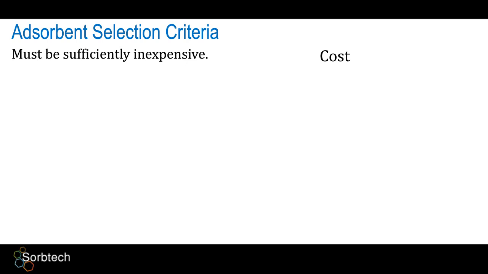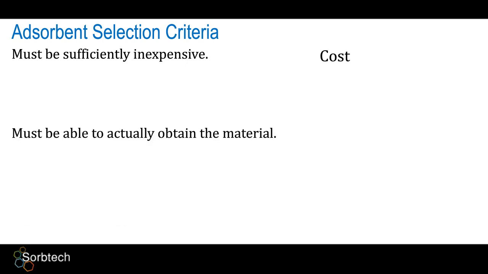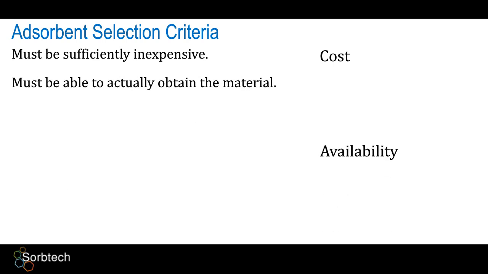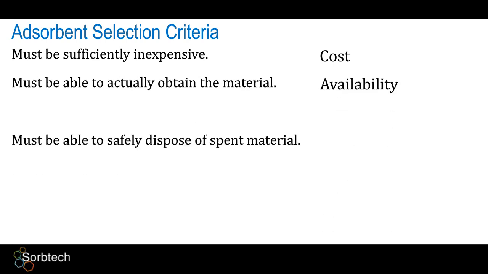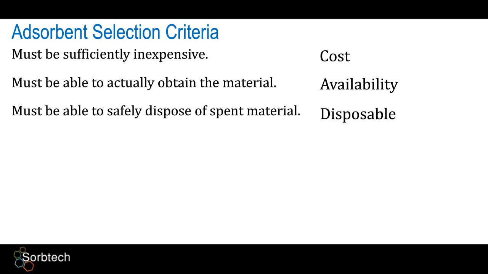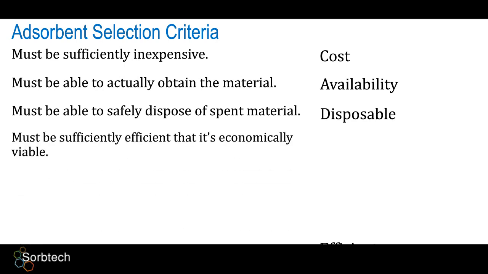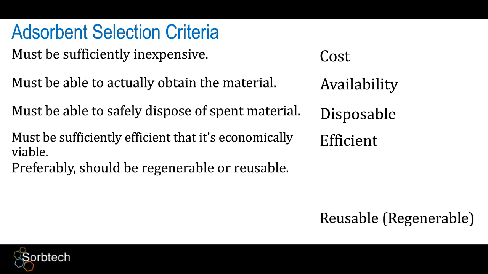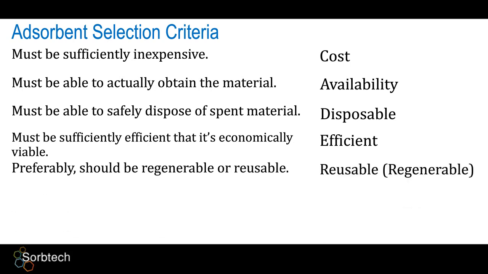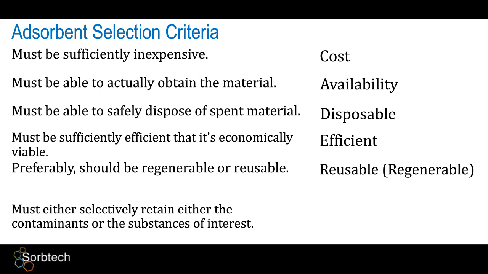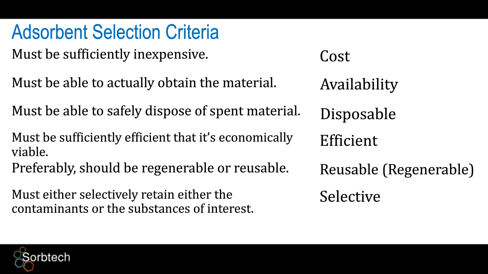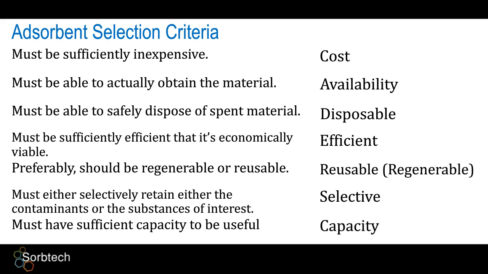First, it must be sufficiently inexpensive. It must be possible to actually obtain the material. We must be able to safely dispose of spent material. It's got to be sufficiently efficient that it's economically viable, and it should be regenerable or reusable, and it's got to selectively retain either the contaminants or the substances of interest, and it must have sufficient capacity to be useful.